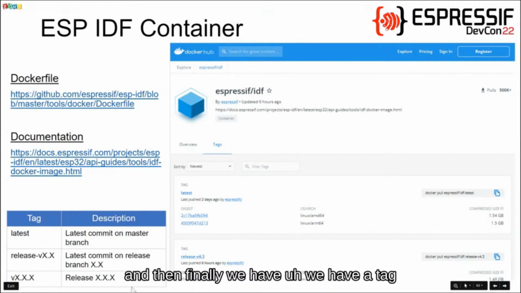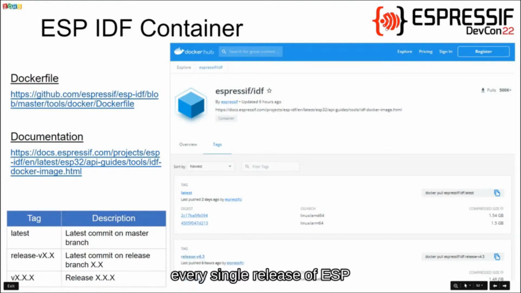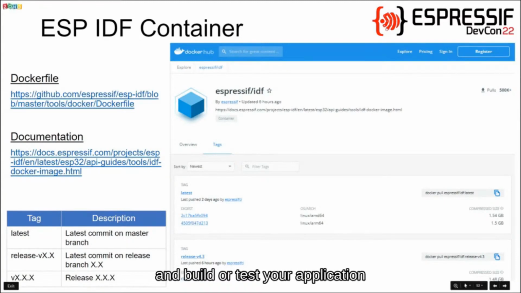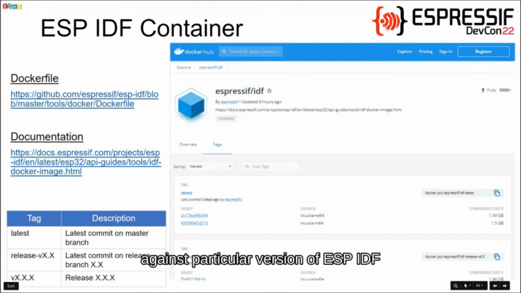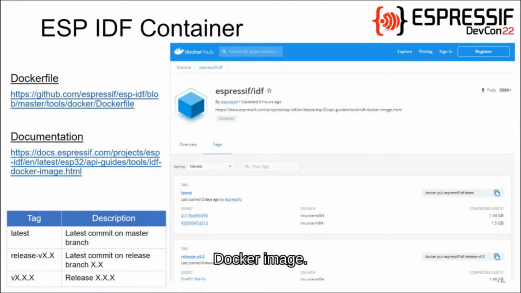And finally we have a tag, the one at the bottom, for every single release of ESP-IDF. So whenever you need to build or test your application against a particular version of ESP-IDF, you can always find the appropriate Docker image.